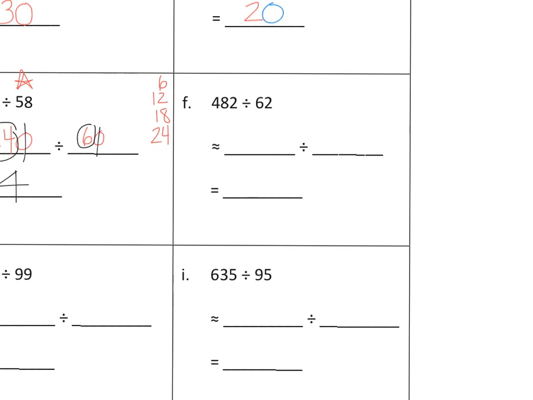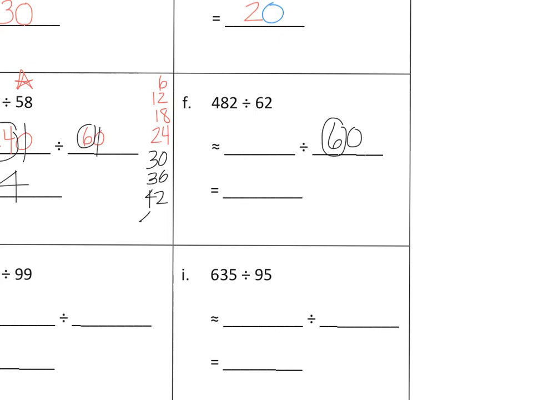All right, let's look at the next one. 62 is rounded to 60. And I'm going to use 6 as my basic math fact. So since I did 6 over here, I can continue with my multiples of 6. After 24 is 30. After 30 is 36. After 36 is 42.